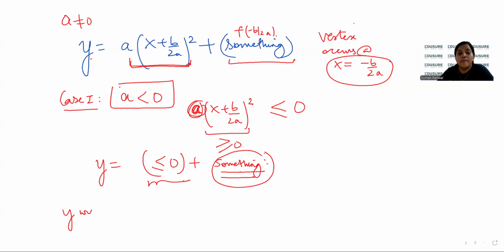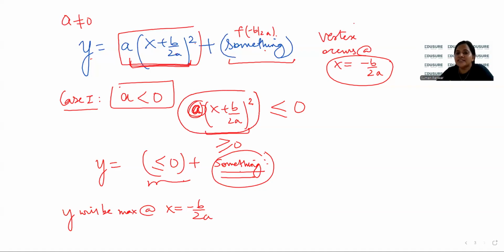will be maximum at x equals minus b by 2a. When x is equal to minus b by 2a, this thing is equal to 0 plus something. The moment x is not minus b by 2a, the whole square term is negative, so this thing is going to give a negative contribution. So something minus something is less than something.